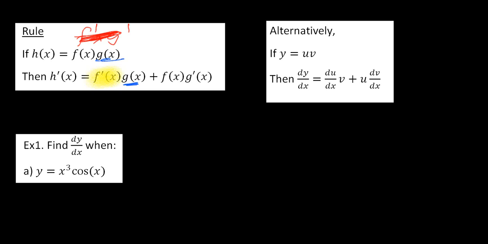The little mini function that was derived at first now stays the same in the derivative function. So you're going to add the product of the original first mini function, and then you're going to find the derivative of the next one over here. So find the derivative of g of x.